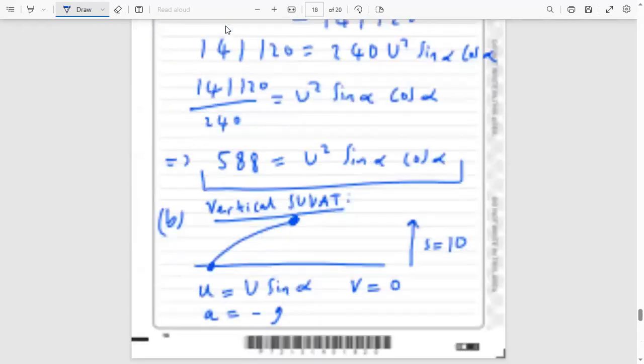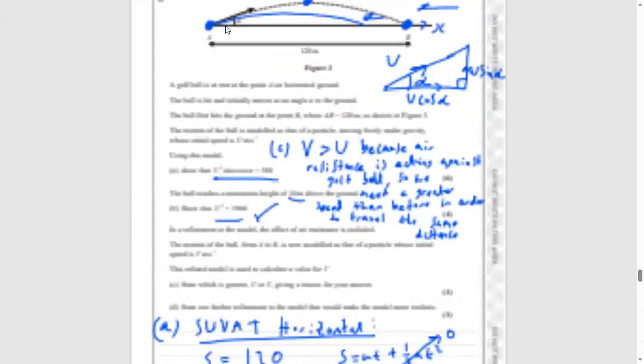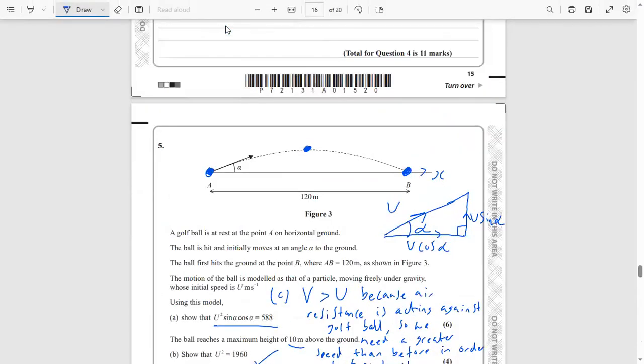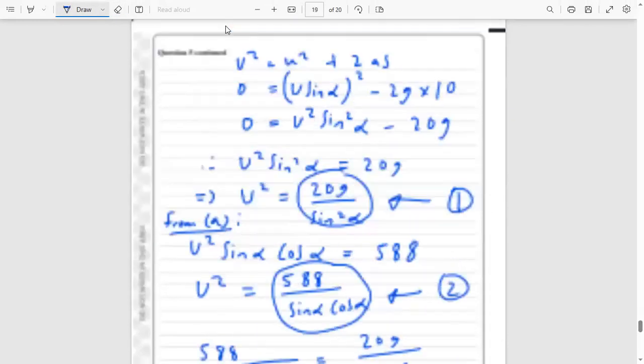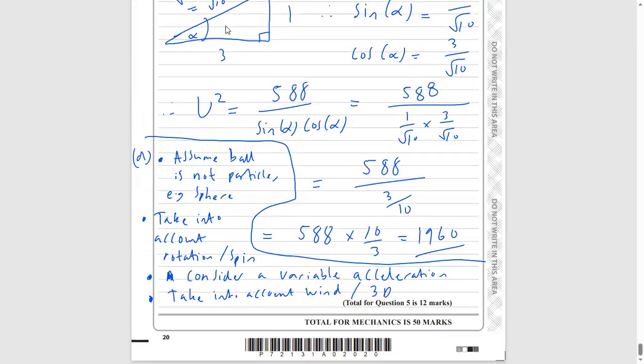With these projectile questions, we always assume we're going in 2D, like on an XY axis. In reality, you're going in 3D. So taking into account things like wind and other 3D forces is a good one you can say as well. So there are some reasons that you could use. Just one of them would be fine with this question here.